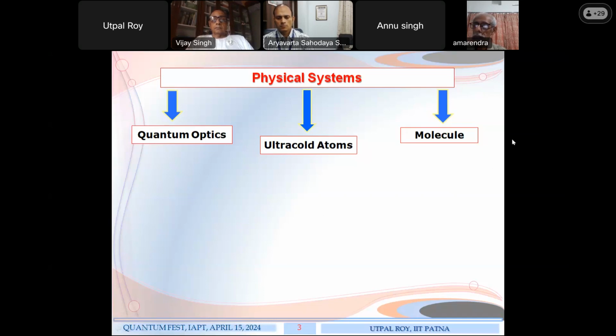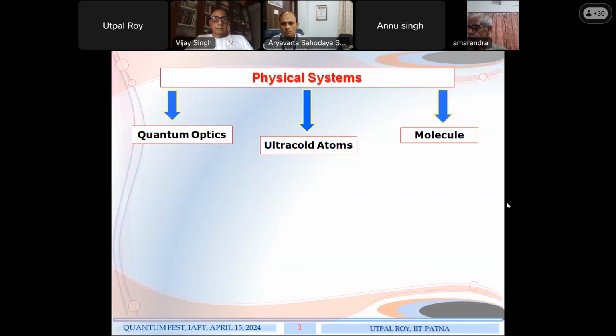But this is some physical systems. There are more systems which are a little difficult to understand and not in the textbooks, for example, circuit quantum electrodynamics, and NMR, and a few more things. But here I'll be talking about light, atom, and molecule, which students normally hear about in the textbooks.